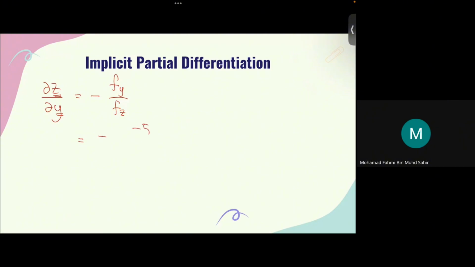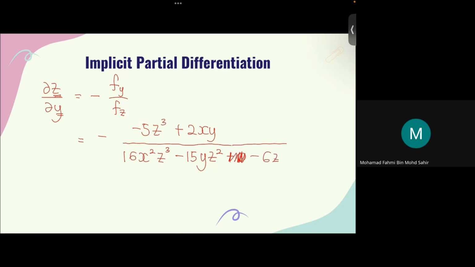Negative 5z to the power 3 plus 2xy, and then divide by 16x squared z to the power 3 minus 15yz squared plus 0, only plus 0, straight away, minus 6z. So this one will be your answer.